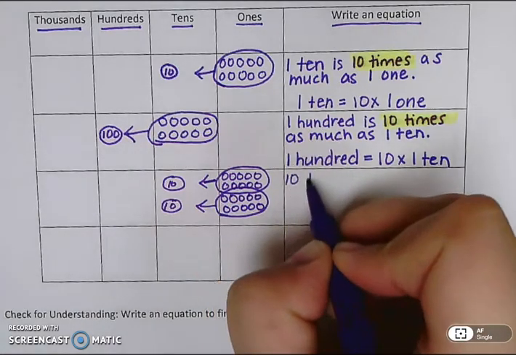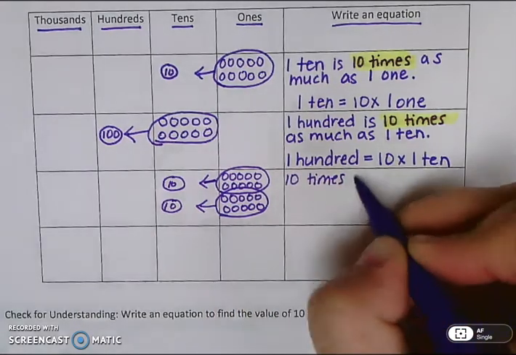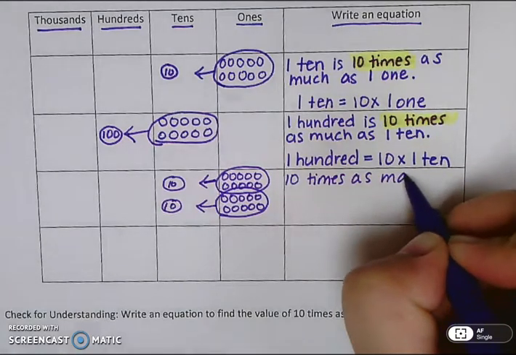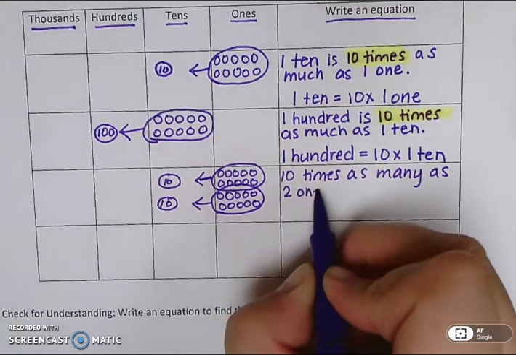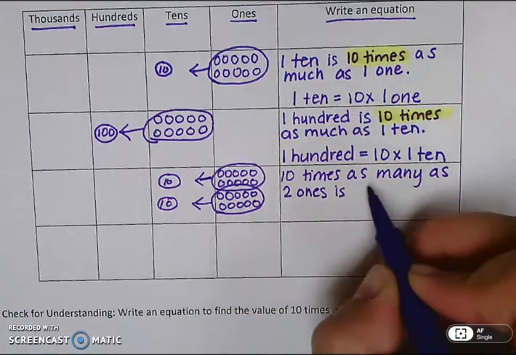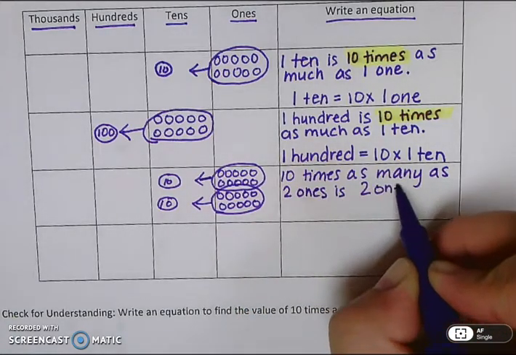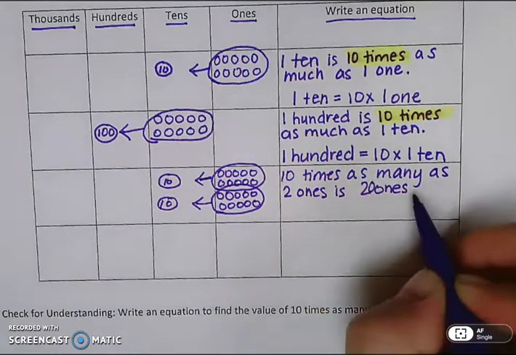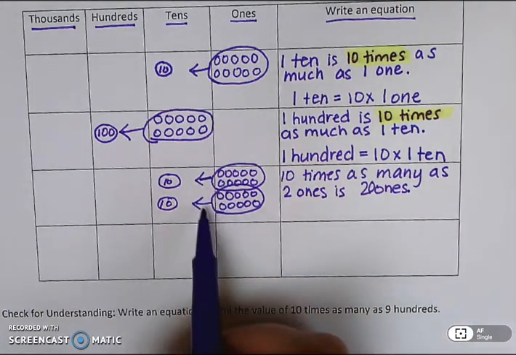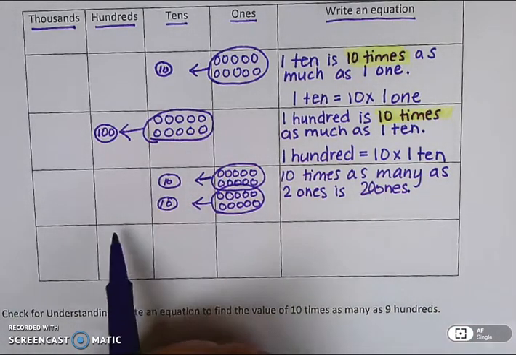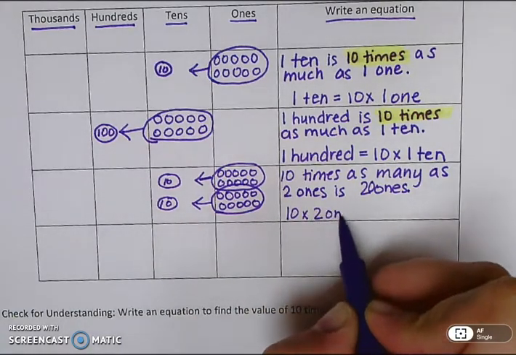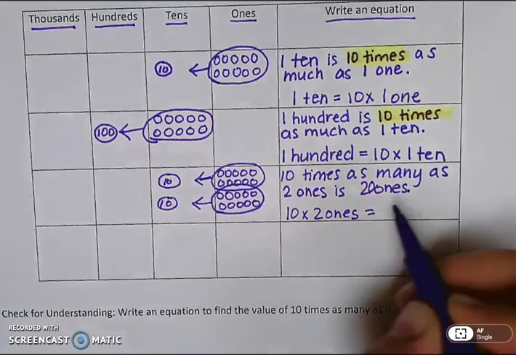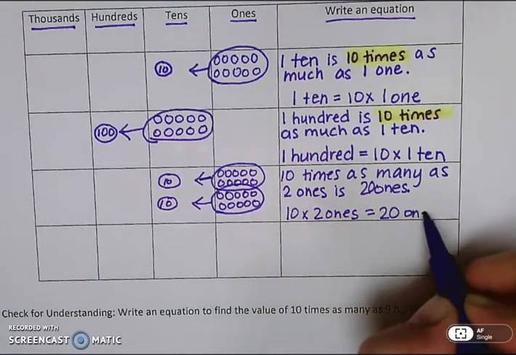So 10 times as many as 2 ones is 20 ones. Oh, 20 ones. So 20 ones here equals 2 tens. So our equation would be 10 times 2 ones equals 20 ones.